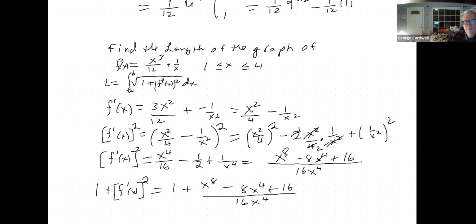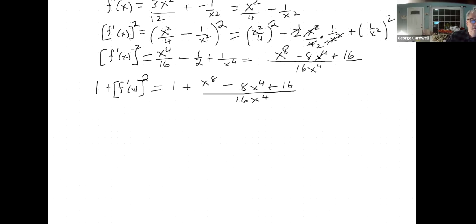Okay. All right. However, how many different ways can I write the number 1? Well, the answer would be infinite, but I'm going to write it a particular way. I'm going to write 1 as 16x to the 4 over 16x to the 4.